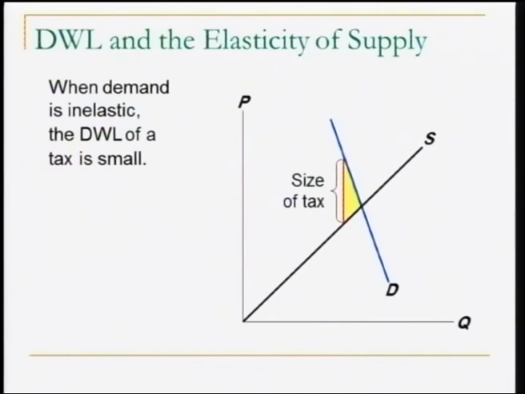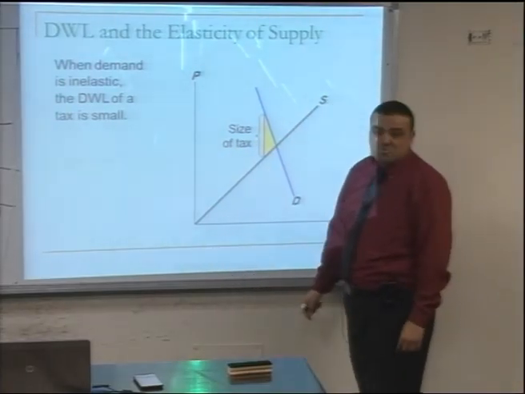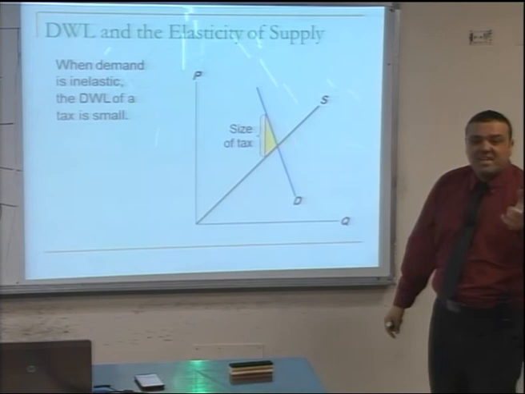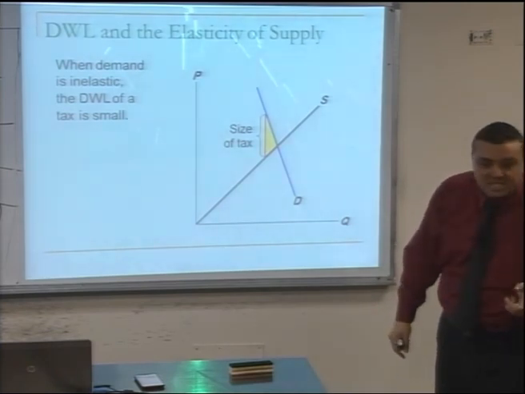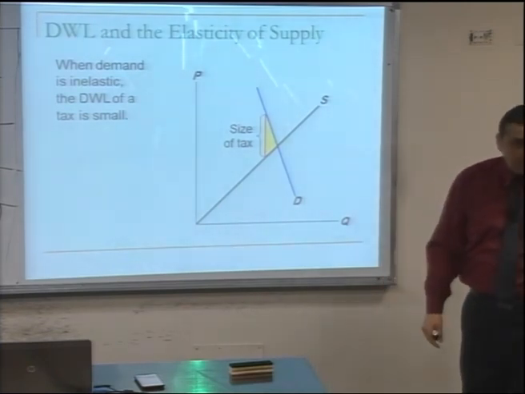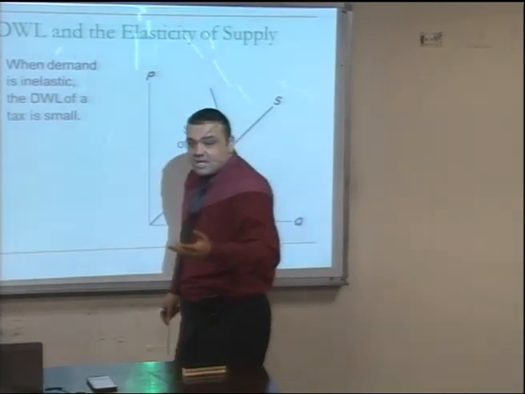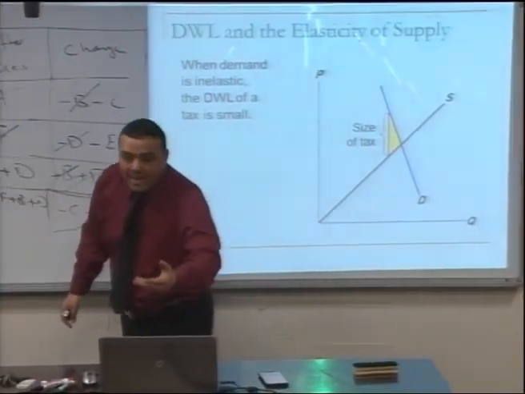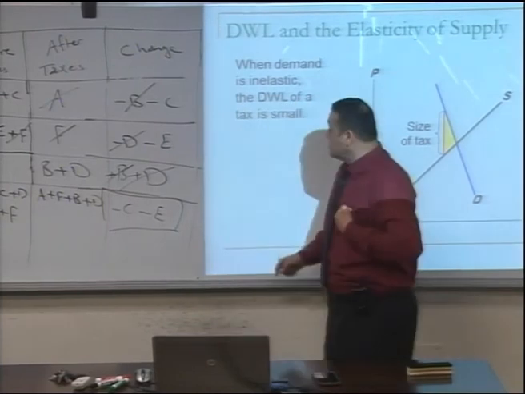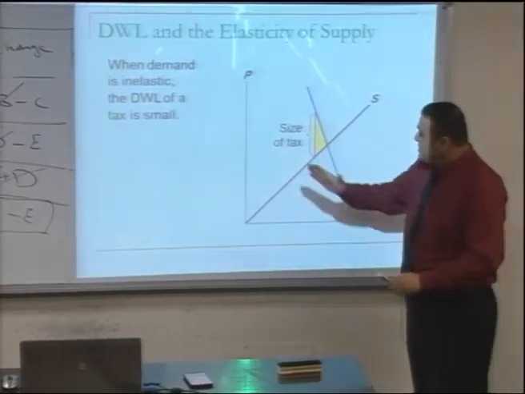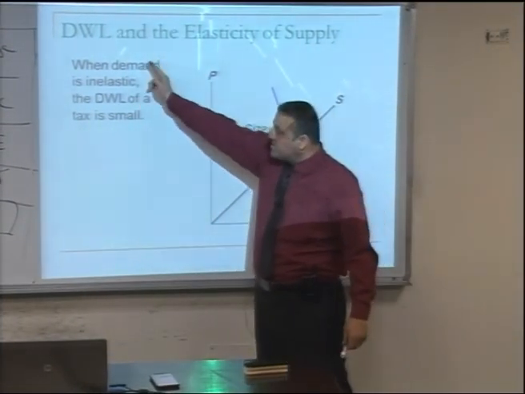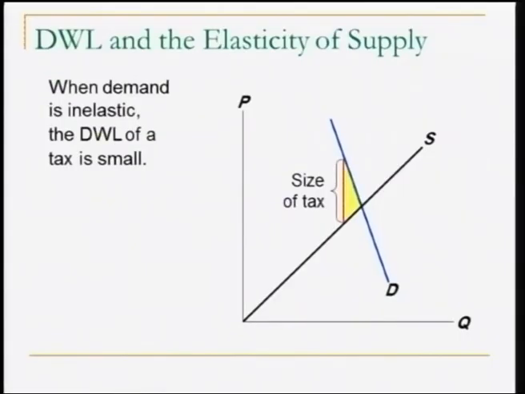When demand is inelastic, the deadweight loss of tax is small, or the negative effects of taxes is small, because, since you know that taxes have negative impacts on social welfare, when demand is inelastic, the deadweight loss of tax is small.